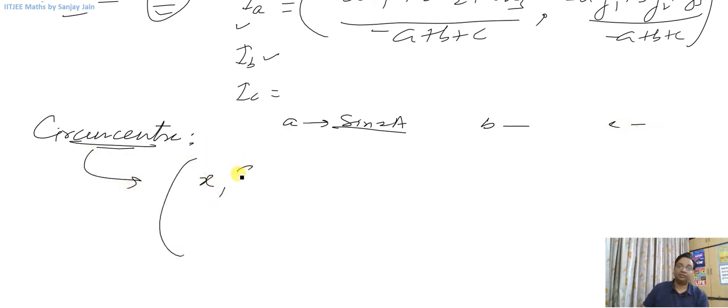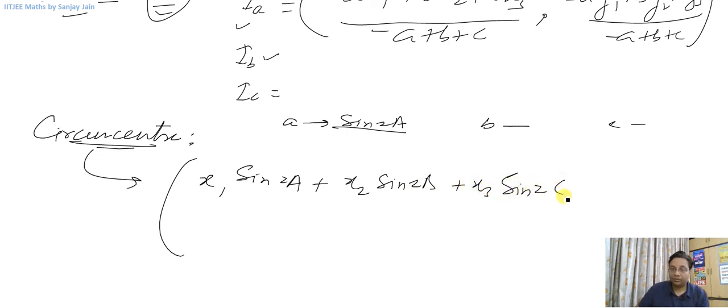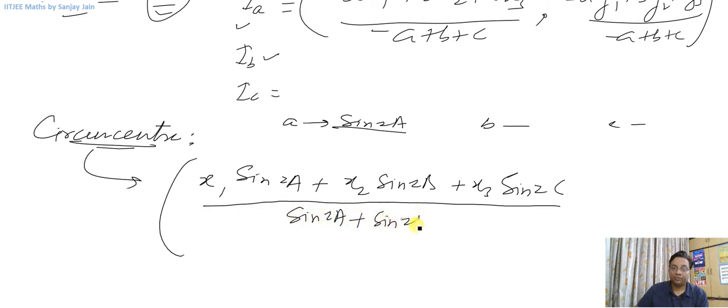These are (x1 sin 2A + x2 sin 2B + x3 sin 2C)/(sin 2A + sin 2B + sin 2C), comma, similarly you can write the y coordinate.